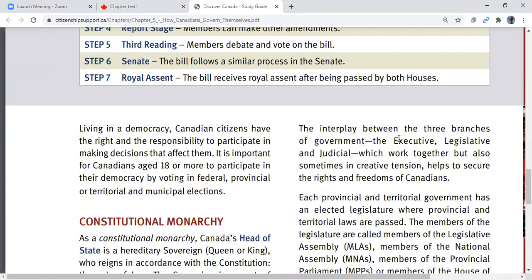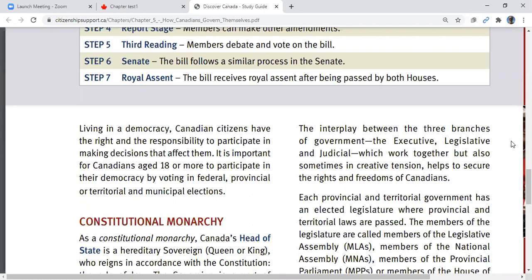So that's why they do that, because they don't want one group to have all the power, because it wouldn't be good. So they want one group to have some of the power, and then the other group has some of the power, and then they call it creative tension. That's just a fancy way to say they fight. That means they fight over ideas, or they debate ideas. Yeah.